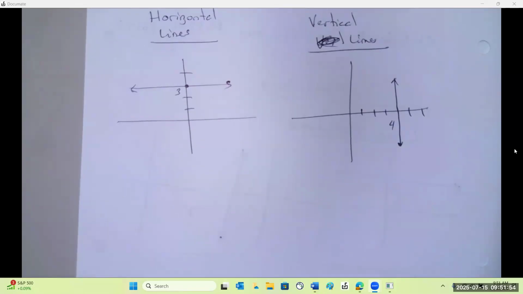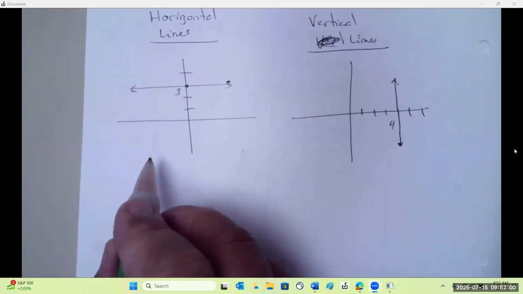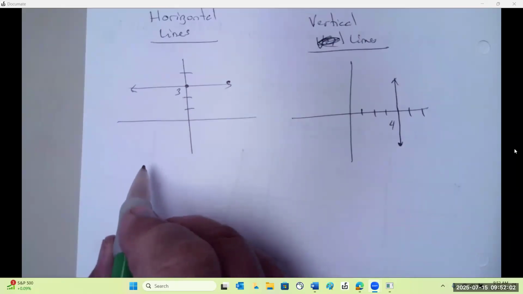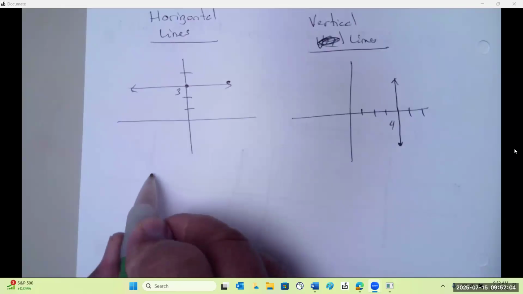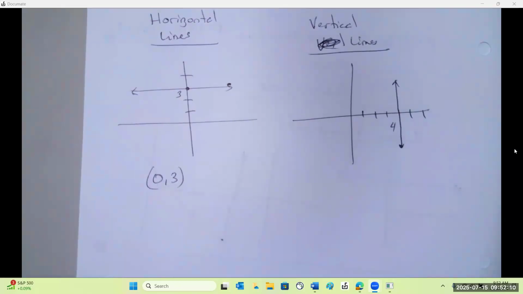Let's first talk about those because we get those out of the way so we know what to look like. We know the y-intercept of this one. What's the y-intercept of this one? The y-intercept is (0, 3). Remember, the y-intercept is a location. It's a point. If you said 3, you got it wrong. It's a location. (0, 3) is the location.